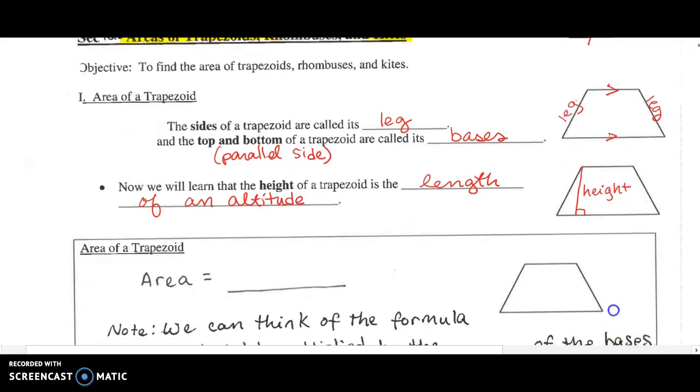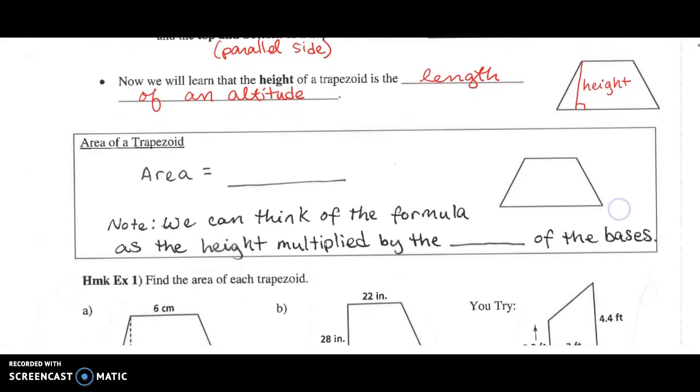So the area formula for a trapezoid is going to be height. Just like all the other formulas we looked at, they were all base times height. This is still height times base, except we have two different bases, two different lengths. So how do you know which base to use?